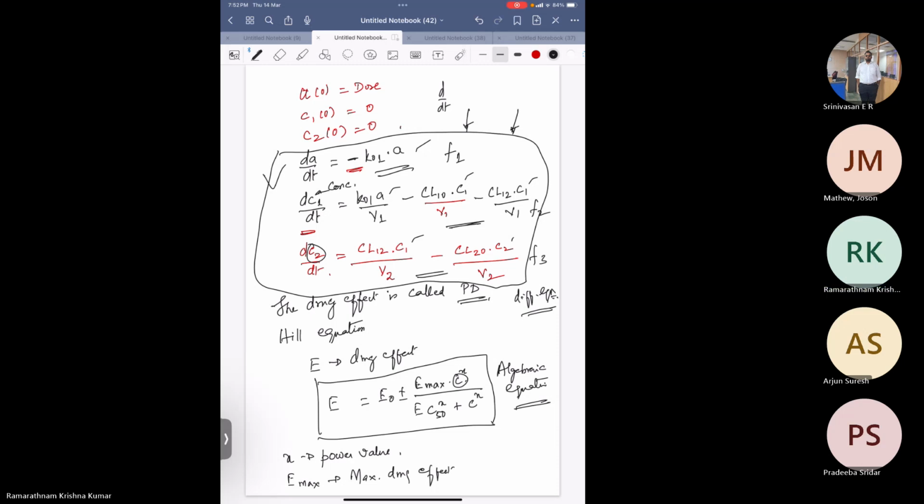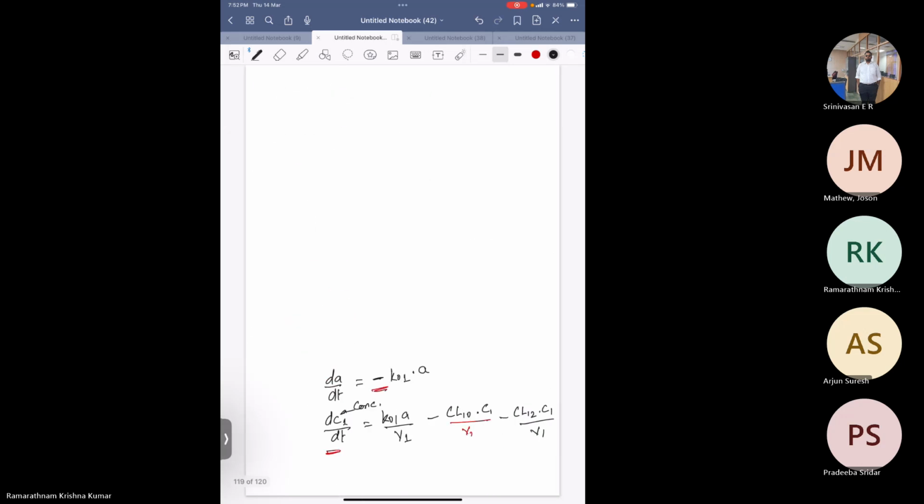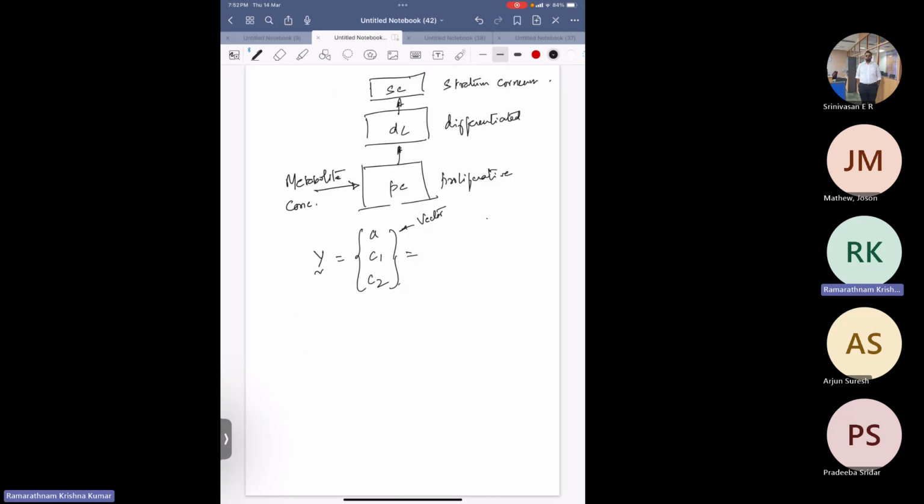So I can say that this dy by dt, which is what I just now wrote, dA by dt, dc1 by dt, dc2 by dt, is equal to function 1, function 2, function 3.